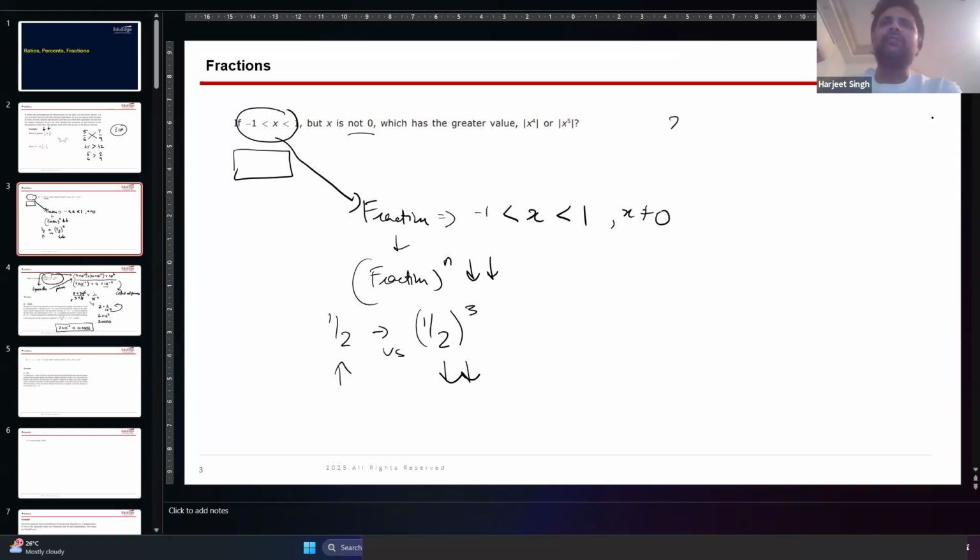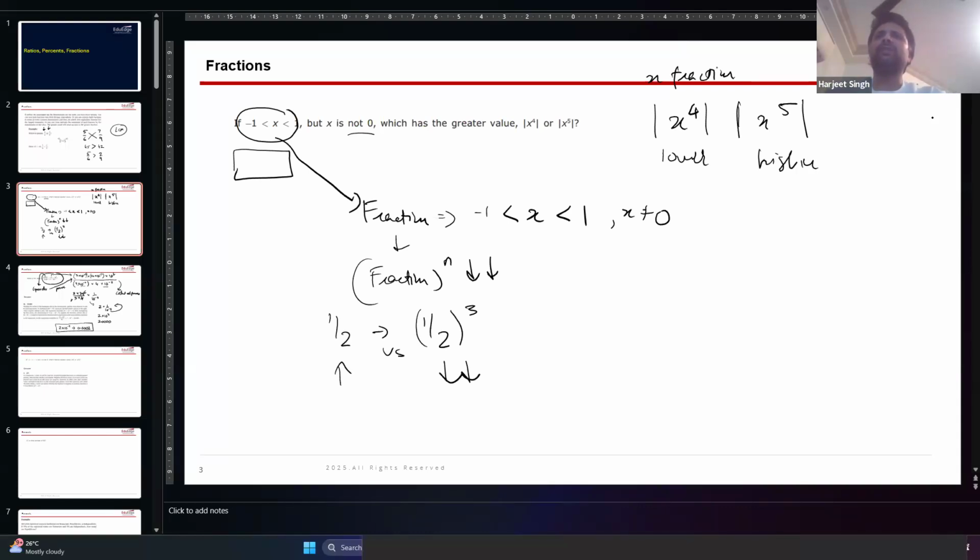So clearly, when I compare x to the power 4 and x to the power 5, and if x is a fraction, then it's a mod, which means a negative number becomes positive. So when I compare these two, clearly this has a lower power, and the right side, x raised to 5, has a higher power.